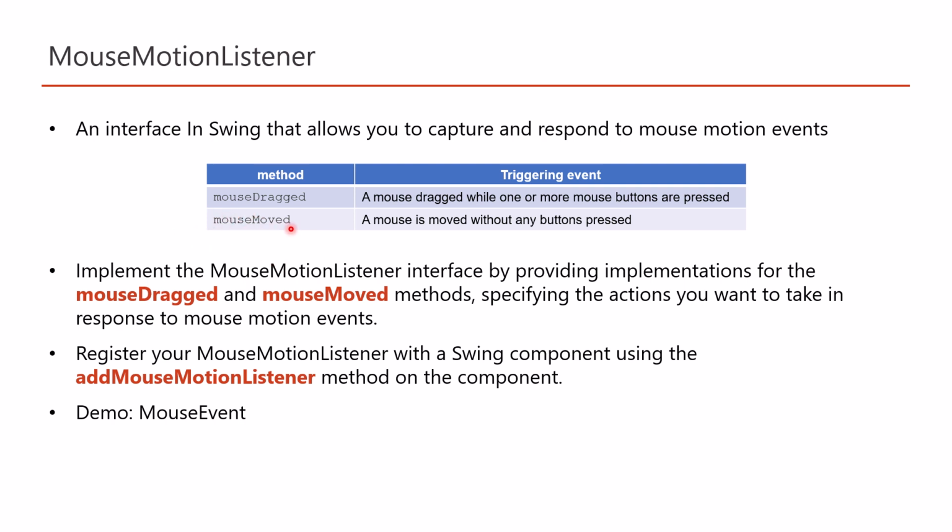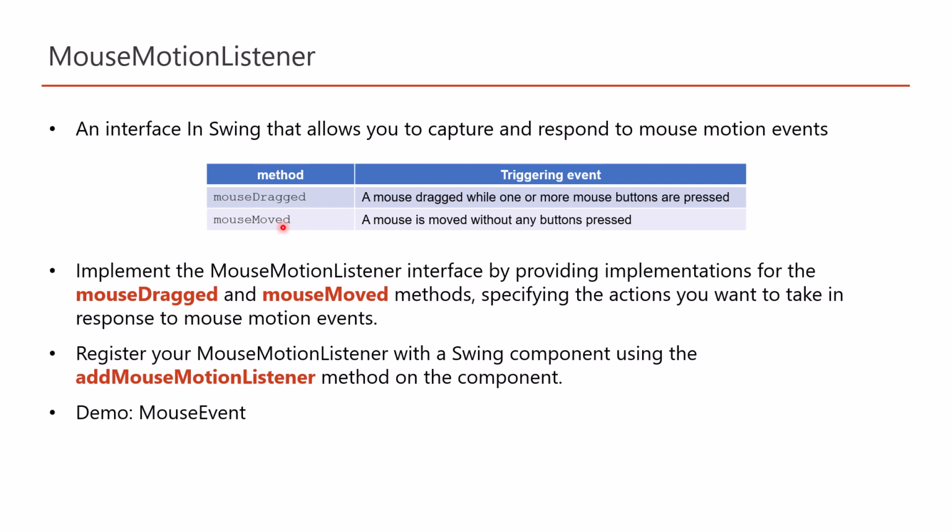mouseMoved. This method is called when the mouse is moved without any buttons pressed. Again, the MouseEvent object provides information about the event, including the current mouse position. You can use this method to capture and respond to mouse movement when no buttons are being pressed.